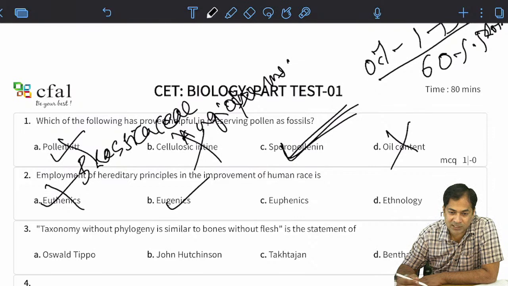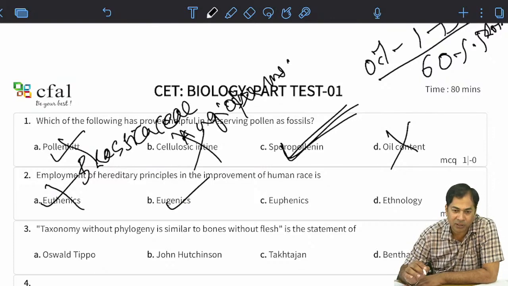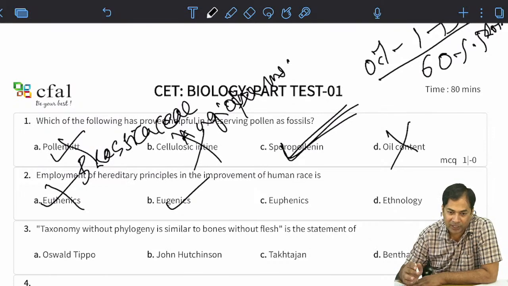Eugenics believes that if only intellectual people are there in a country, then you can have a better country. Religion and caste are not considered, because they only talk about good genes or intellectual people, who may belong to any religion or caste.